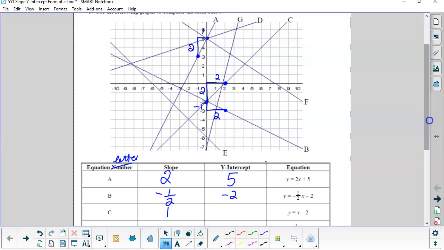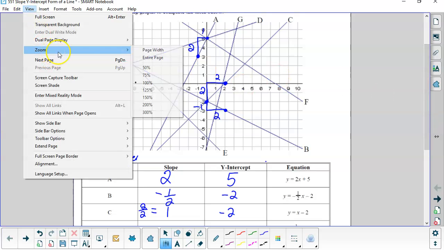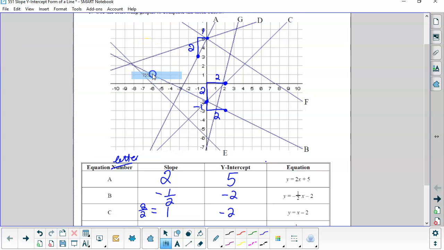So 2 over 2 equals 1. Y-intercept is also negative 2. So notice with the slope of 1, no coefficient is shown. It means 1x. Okay, so 1x minus 2. I'm just going to zoom in a little bit more here.